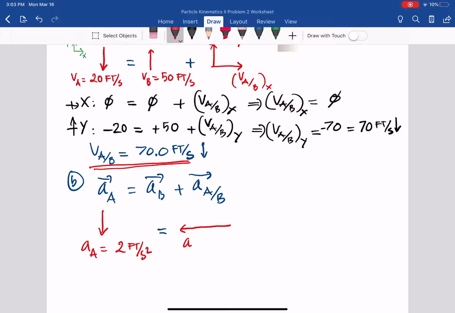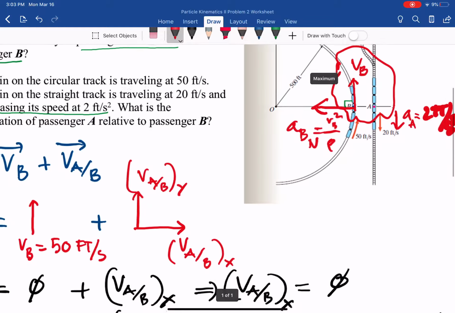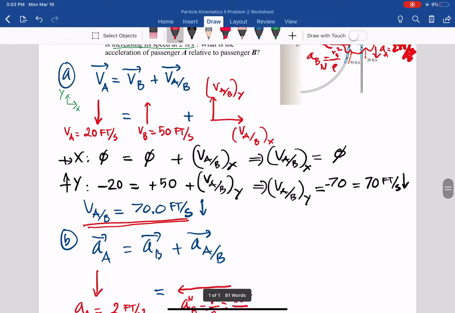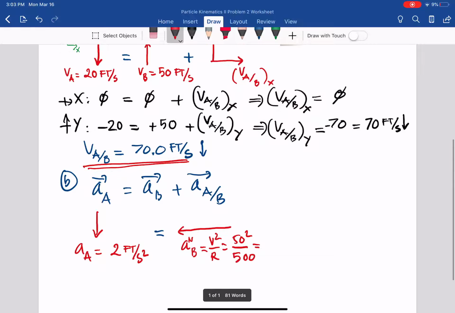That is the n component, right? The n component you can put up there or going down, and it equals to, the tangential component is 0 because the train is at a constant speed of 50 feet per second. So here you have v squared over radius, which equals 50 squared over the radius of the circular track, which is 500 feet as shown in the figure. So you have 5, so that will be the number there.